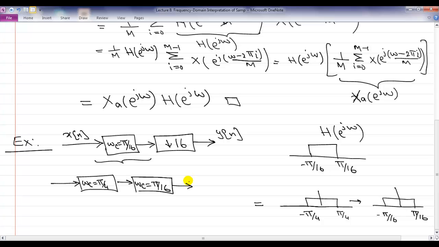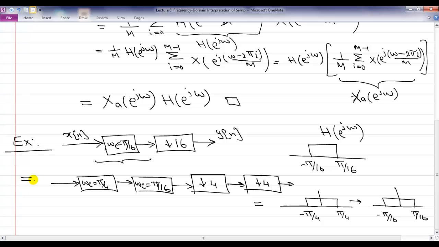And this decimation operation by a factor of 16, I can also implement by two decimation operations. I first decimate by a factor of 4, and then I decimate by a factor of 4.